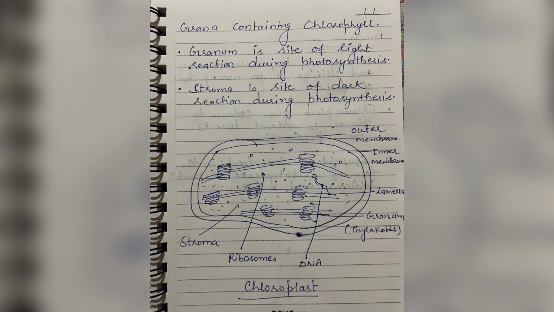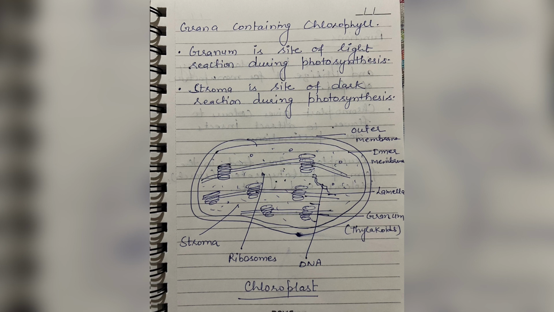Next, we have the structure of the chloroplast. As I told you already, the chloroplast is a double-membrane-bound organelle. So you can see clearly in the diagram, there is one outer membrane and another one is the inner membrane. Then inside the chloroplast you can see the stacked membranes. These are known as the thylakoids or the granum.